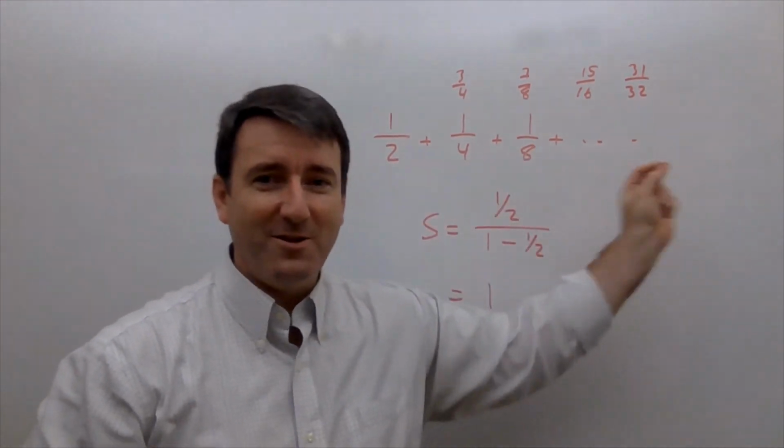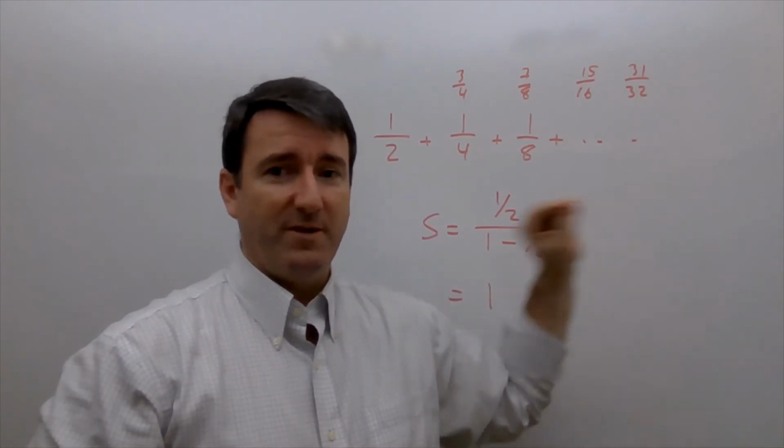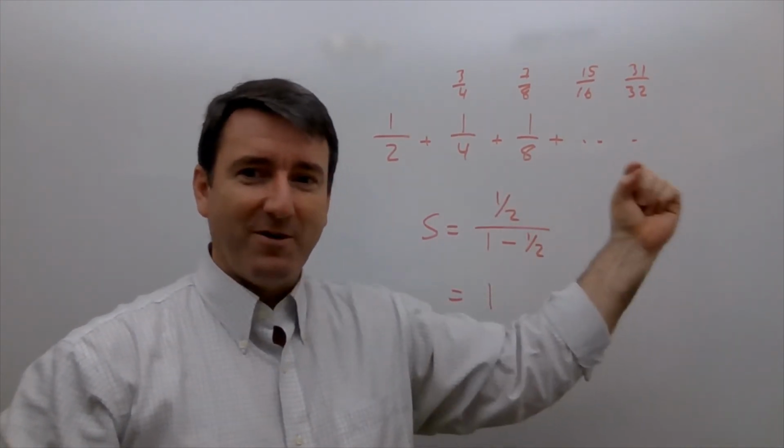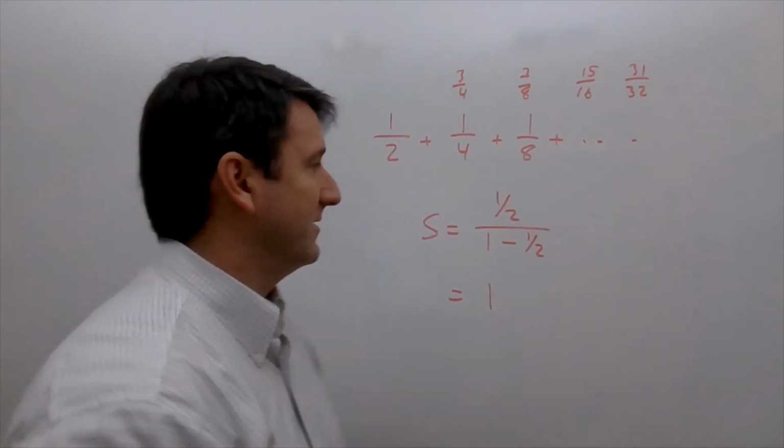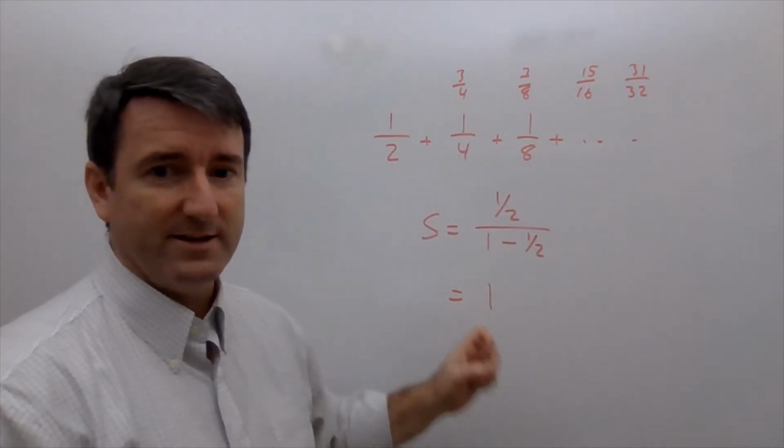You can see that we're getting closer and closer to 1. It's getting bigger every time, and it will keep getting bigger forever, but it's never going to get to 1. So we say that the sum of that infinite series is 1.